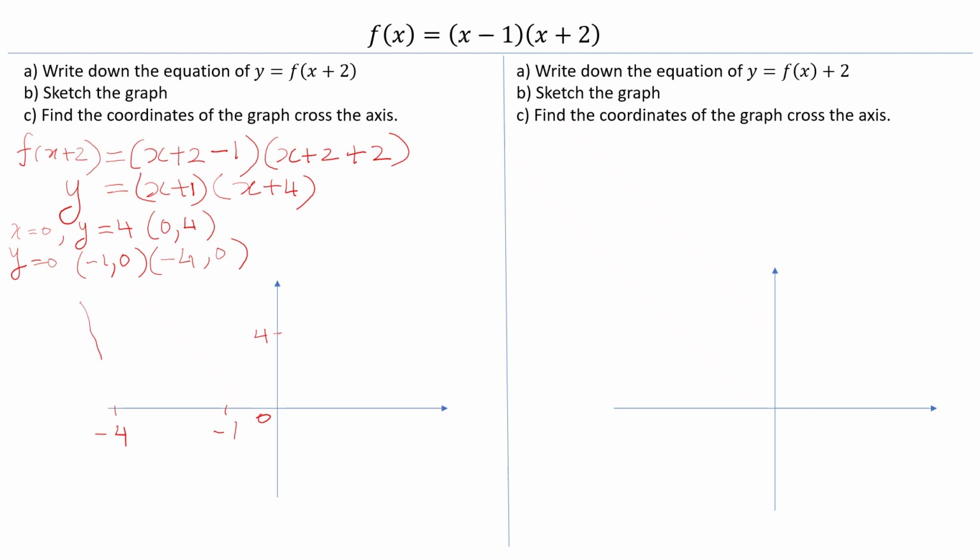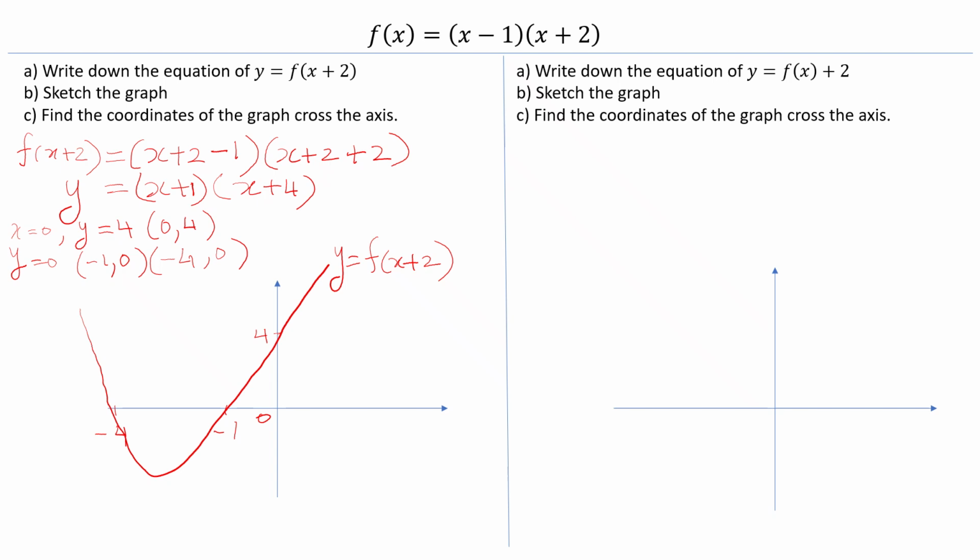The graph comes like this. The graph cuts the y-axis at 0, 4 and the x-axis at minus 1, 0 and minus 4, 0. This is the new graph y equals f(x plus 2).